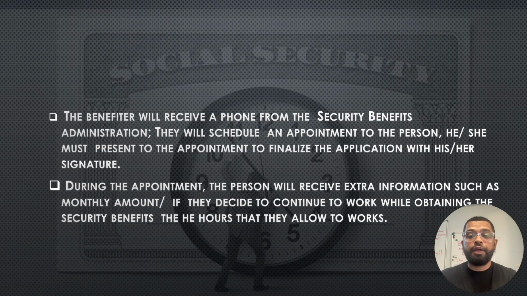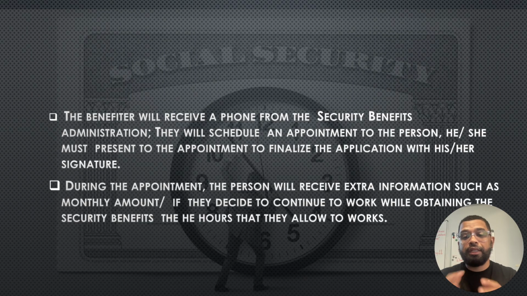That phone call is going to be from one of the representatives from the Social Security office, and they're going to book an appointment so that the person can bring their identification, and they can actually see that this person is the one who gave the permission to fill it out for their Social Security benefits.